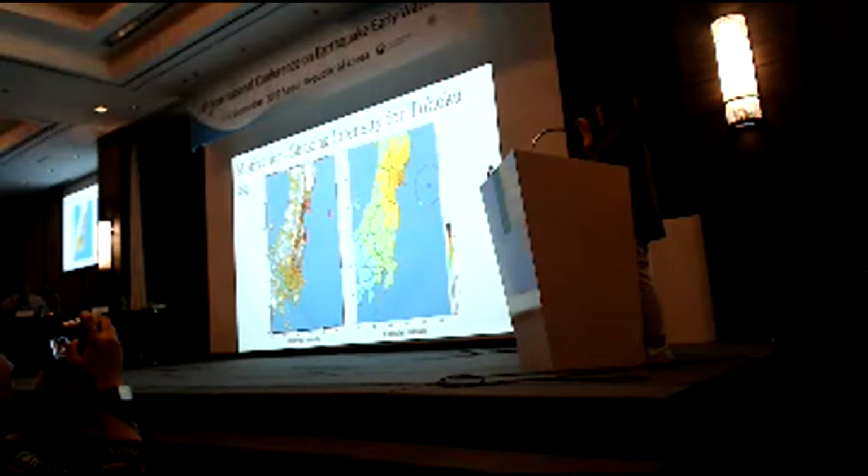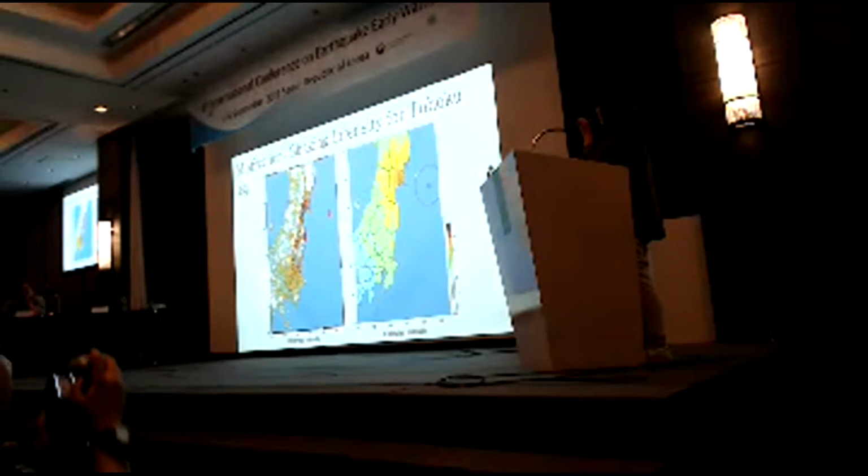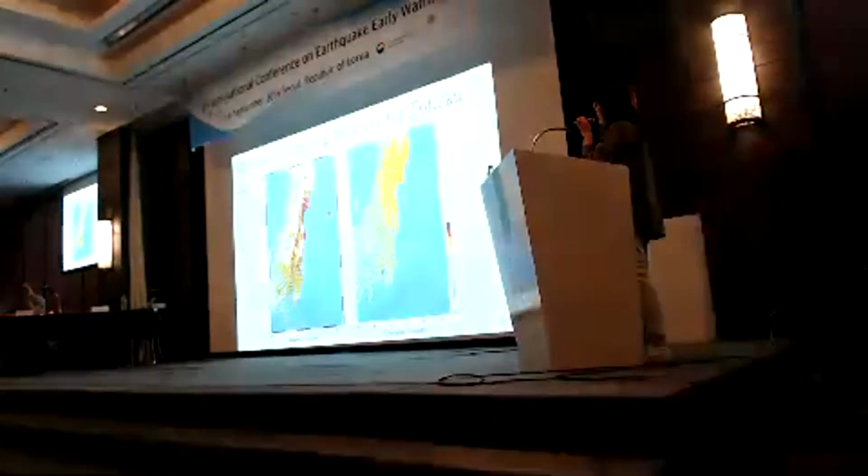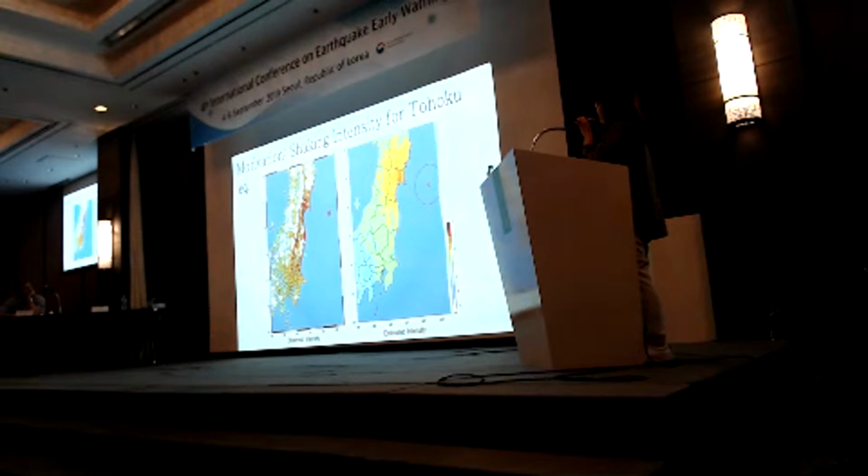And we know that it's because of the point source model, while the rupture is really extended over this area. So the Tokyo area is very near to the fault, but far away in hypocenter distance, so it makes it underestimated. So I want to estimate the fault distance and fault geometry in real time.